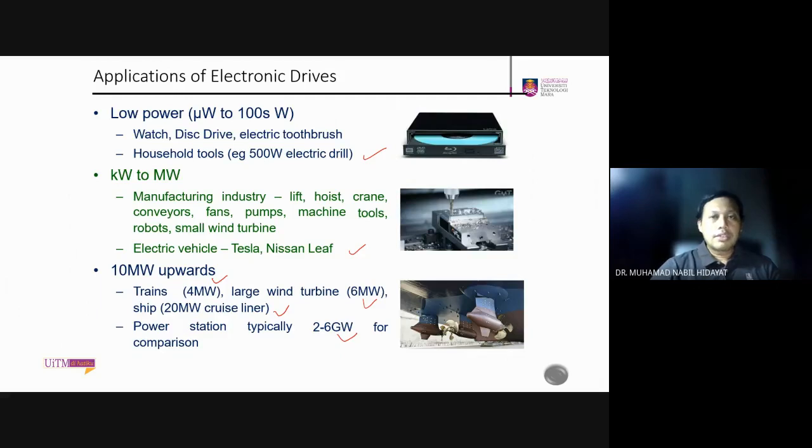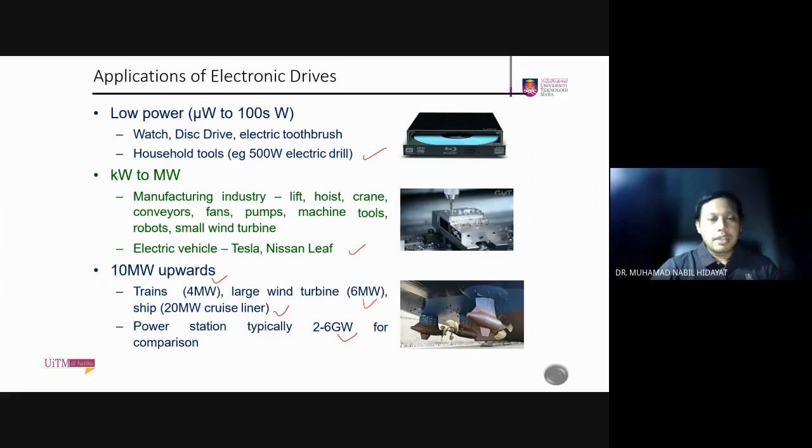So, applications of electronic drives. For low power, you can see small electronic products such as your electric toothbrush, your DC drive, your watches, or your household tools, your electric drills. Then you have your kilowatt to megawatt ranges, where you see bigger applications for manufacturing industries such as lifts, hoists, cranes, fans, pumps, machine tools, and also electric vehicles, in Tesla or Nissan Leaf.